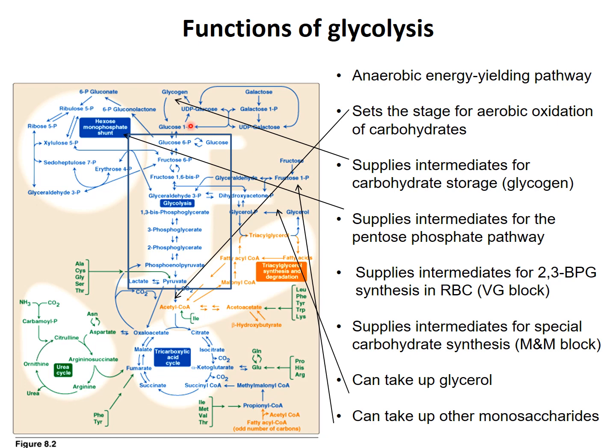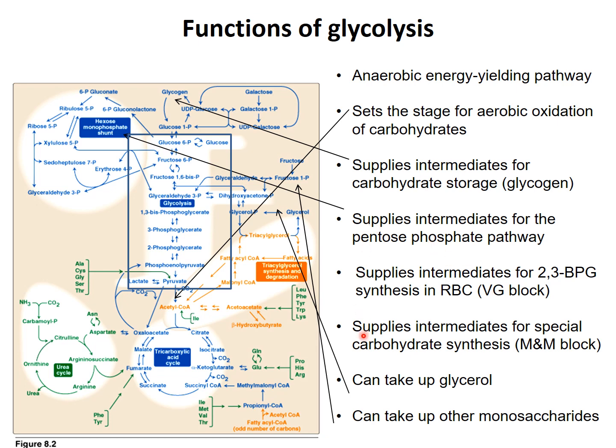Glycolysis also can supply intermediates to synthesize galactose if we need, or when we go further down to synthesize that 2,3-BPG, which you learned about with hemoglobin in red blood cells delivering oxygen, very important to download oxygen from hemoglobin. You learned about it in the previous block, the vital gases block.